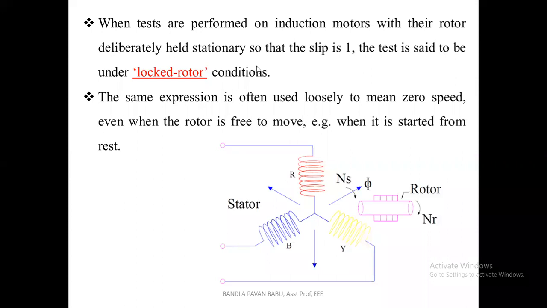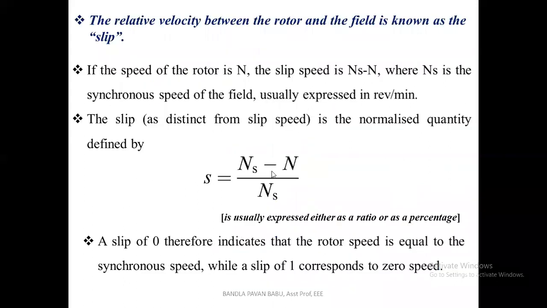It is called the locked rotor condition. Look at how slip can be 1. If stator speed is equal to rotor speed, suppose 1500 and 1500, then slip equals 0. Otherwise, how can s equal 1?